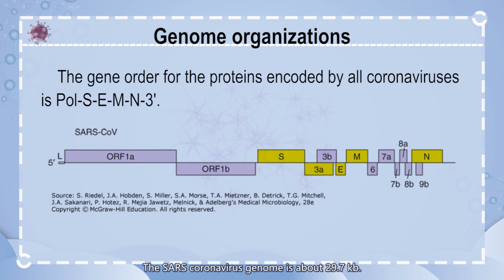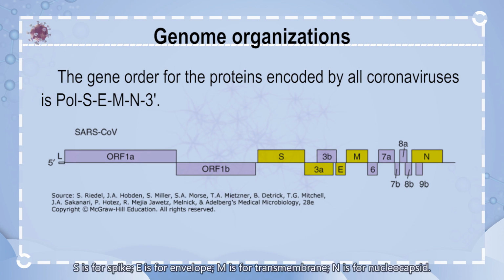The SARS coronavirus genome is about 29.7 kb. Boxes shaded in yellow represent open reading frames, ORFs, encoding structural proteins. Boxes shaded in lavender encode non-structural proteins. The separate ORFs within each gene are translated from a single mRNA species.